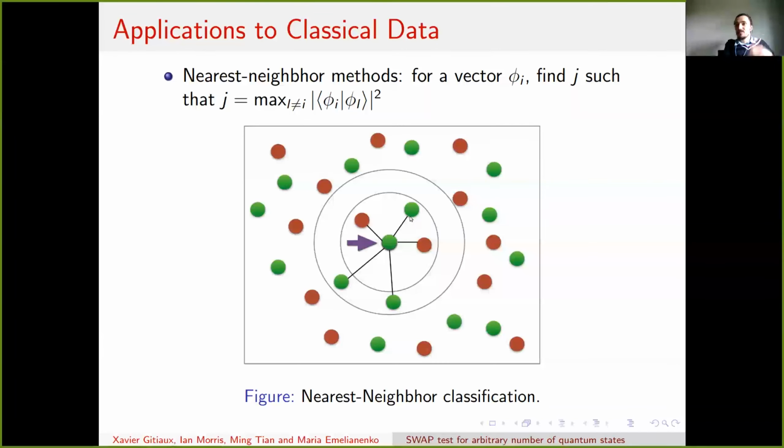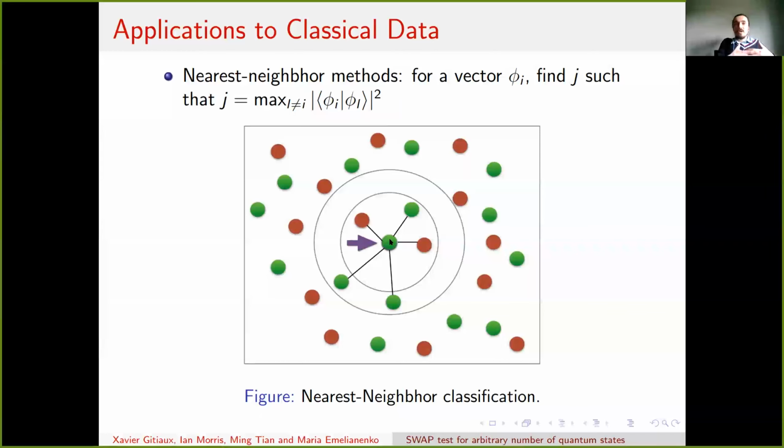What you do is draw a circle of some radius and take all the points within the circle and see whether they are in majority green or in majority red. If they are green, you say the point in the middle is going to be green. If the majority is red, you say the target point is going to be red. And here it turns out you have 1, 2, 3 green and only 2 red. So you say, well, that's a green.